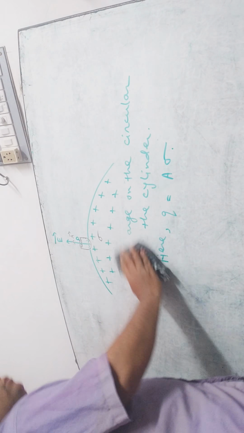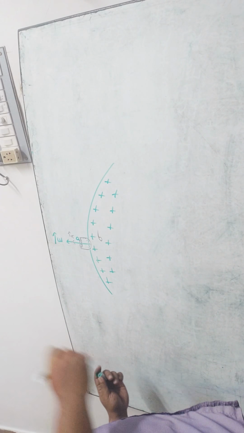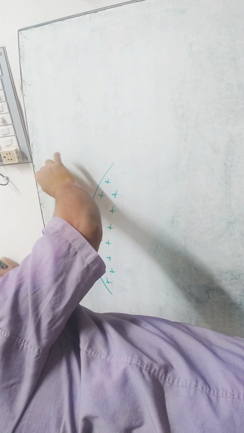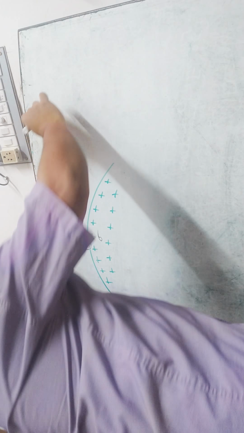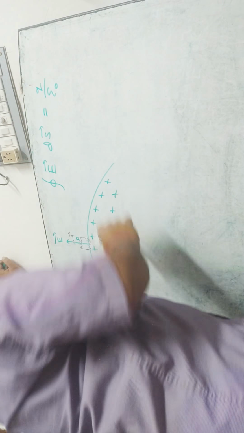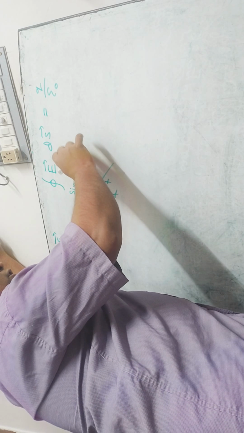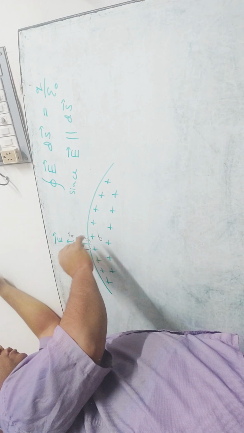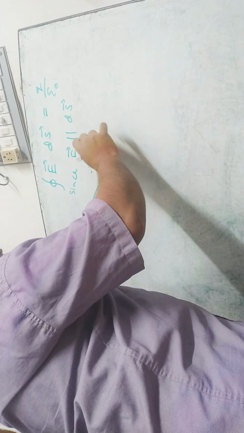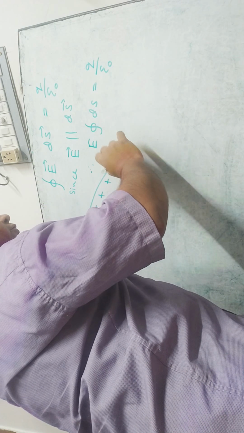Now, applying Gauss theorem, we can write closed integration of E dot ds is equal to Q by epsilon 0. Since E vector is parallel to ds vector and E is constant on the circular surface of the cylinder, E times the closed integration of ds is equal to Q by epsilon 0.